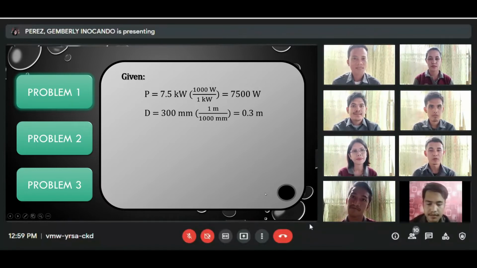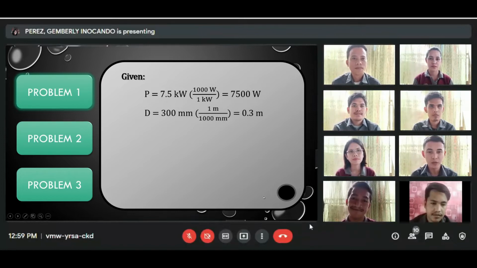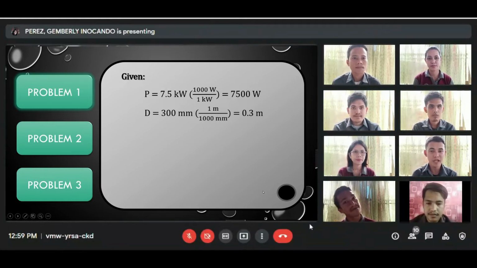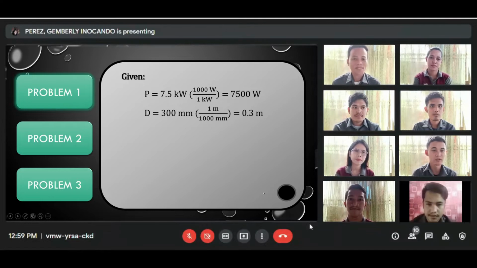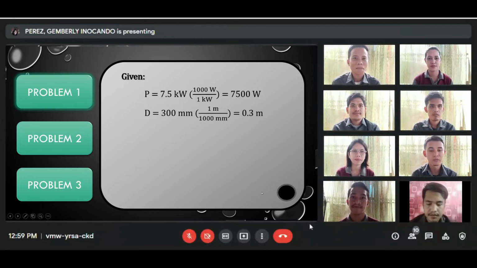And also we have our diameter, D, which is 300 millimeters. Since the unit of diameter is meter, we need to convert millimeters into meters. 1 meter is equivalent to 1,000 millimeters, so it is equal to 0.3 meter.